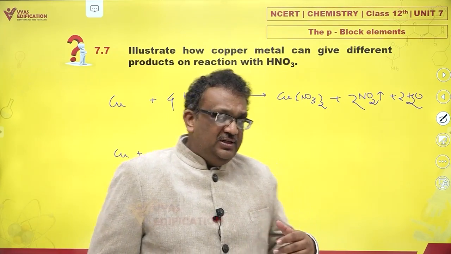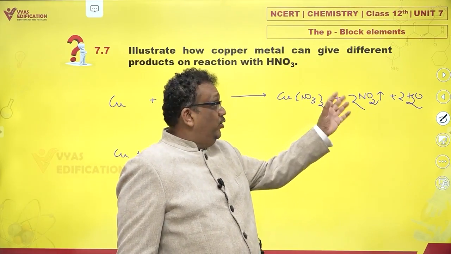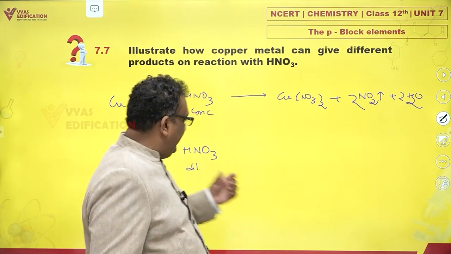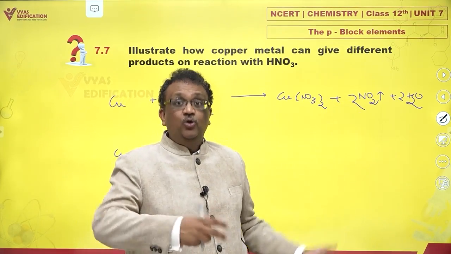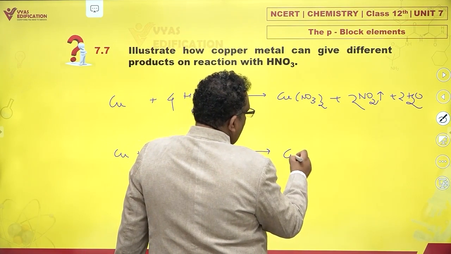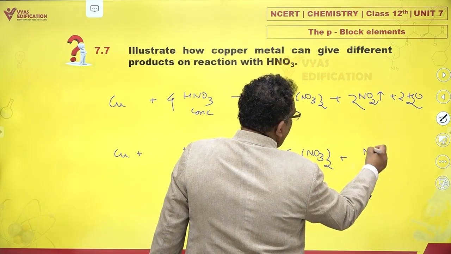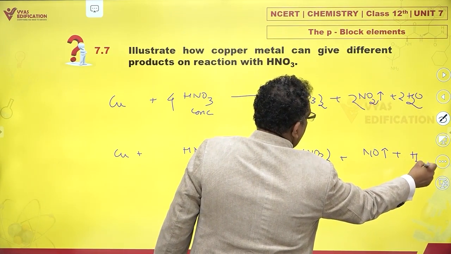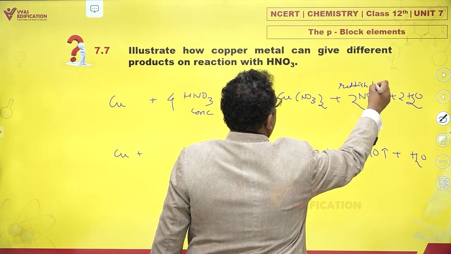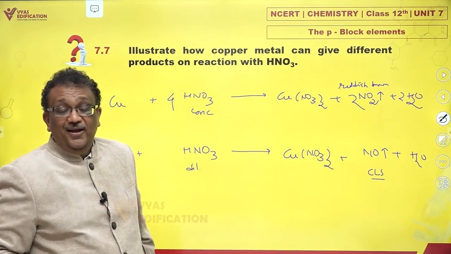Copper reacted with some tiny bit of nitric acid, fine. And even if you get NO2, now NO2 itself will get reduced. Why? Because there is more copper, and since nitric acid is less, this product NO2 can react further. And you can get copper getting oxidized to copper nitrate. NO2 gets further reduced to NO. NO2 is reddish brown, and NO is colorless.